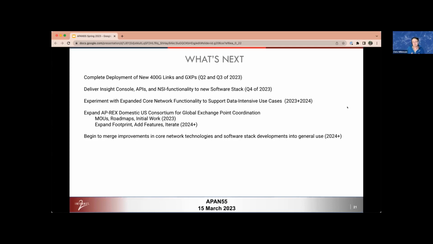Meanwhile, we're going to work on this consortium side because it's not just about the technology, it's also about bringing everyone together to have common goals and shape our roadmaps, both in Internet 2 and our larger consortiums. So look at doing MOUs and roadmap work through 23 and do some initial technology development for the platform there, and then expand the footprint, expand the consortium, and add features into 24.